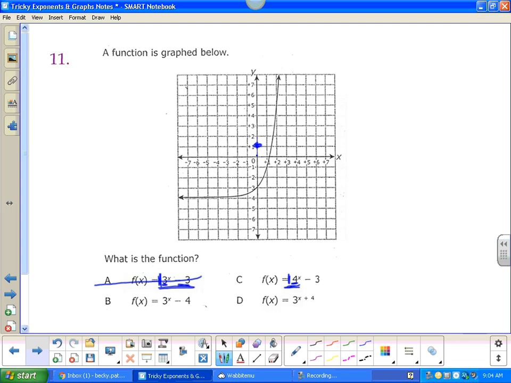Growth, because of the 4, bigger than 1, and gone down 3. 1, 2, 3. No. This one would have started at 1, because that's my number in the front. Growth, because of the 3, and gone down 4. 1, 2, 3, 4. Yep.